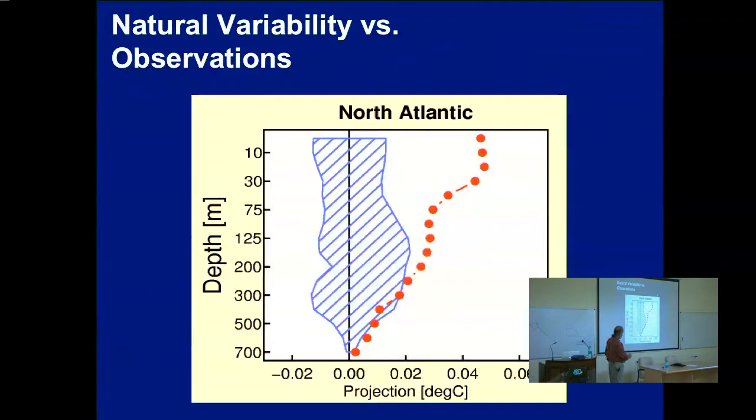So natural variability means it can go positive or negative, right? Around that zero mean. Okay? Now, all the way down to 700, these observed temperatures have actually increased. Now, if I take the same model and now give it anthropogenic forces, right?